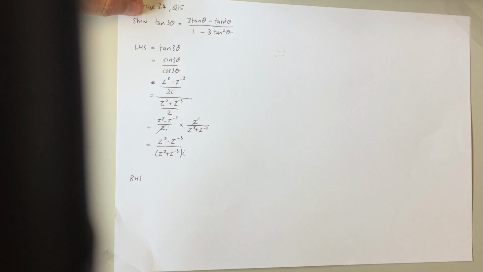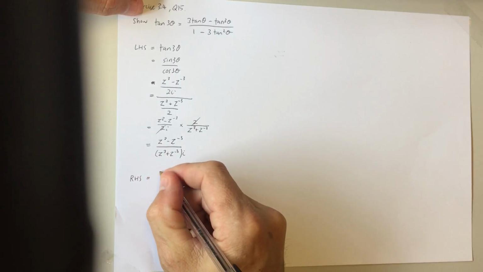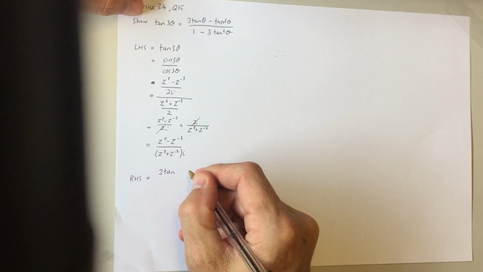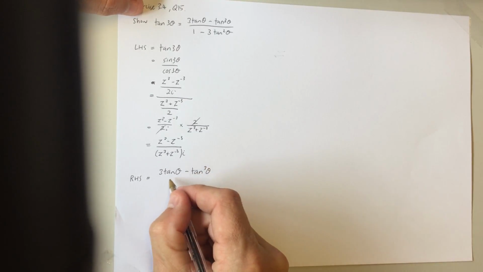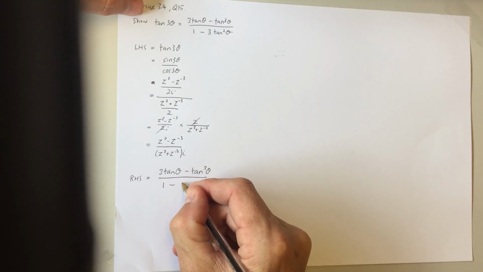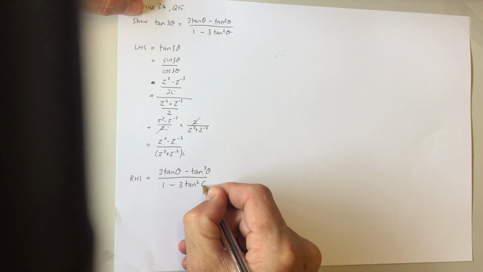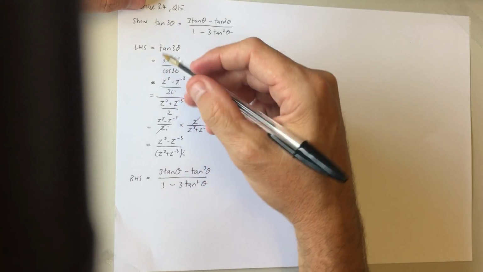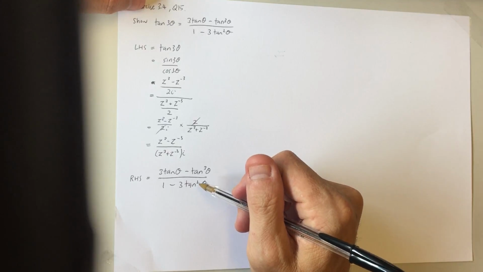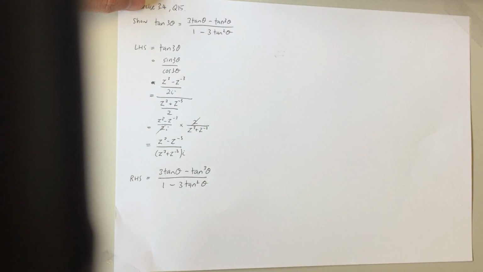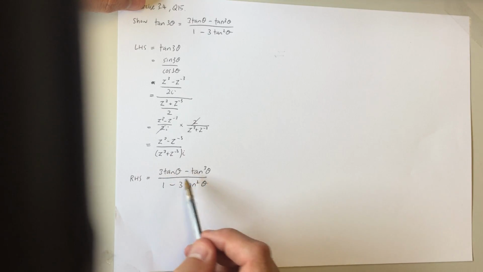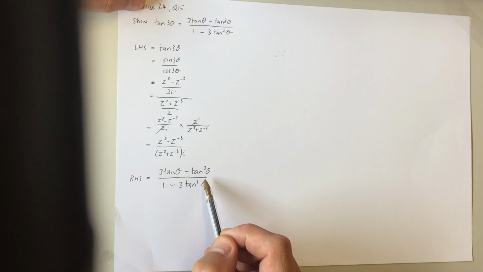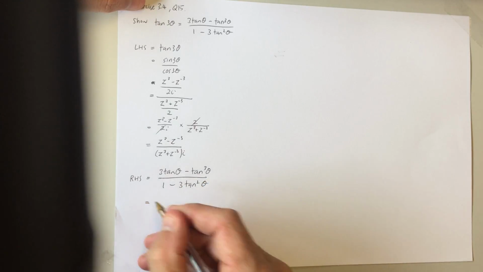Alright, so for the right hand side we have 3 tan theta minus tan cubed theta. Alright, so this is going to be similar, it's just going to be more annoying really, it's just more substitutions. So once again we want to substitute in our sine over cos for tan theta, and then simplify before you do your substitutions, otherwise it's going to be very annoying.